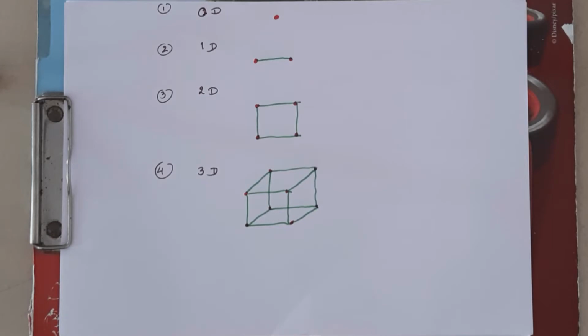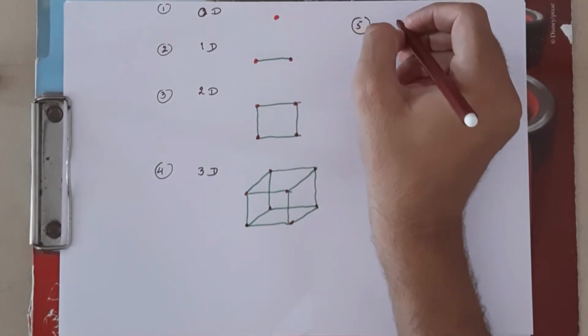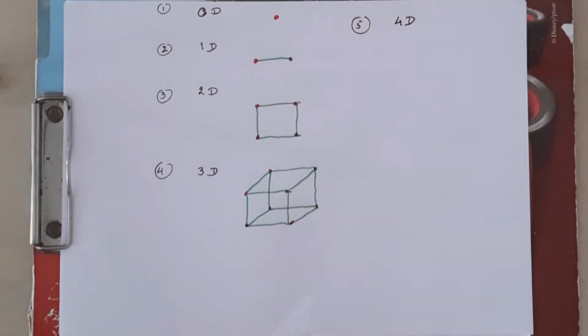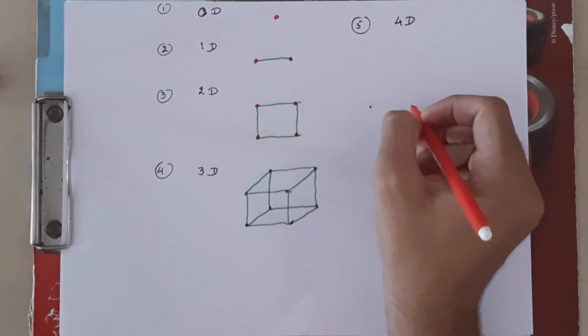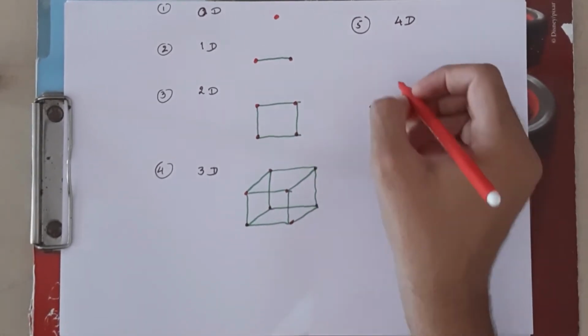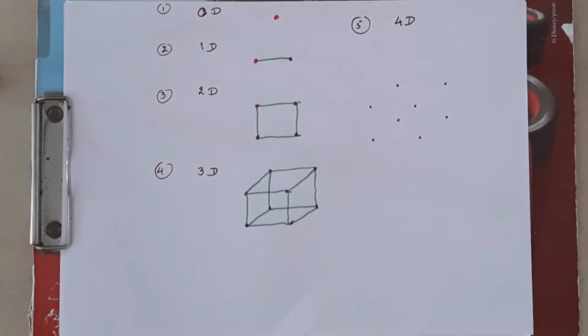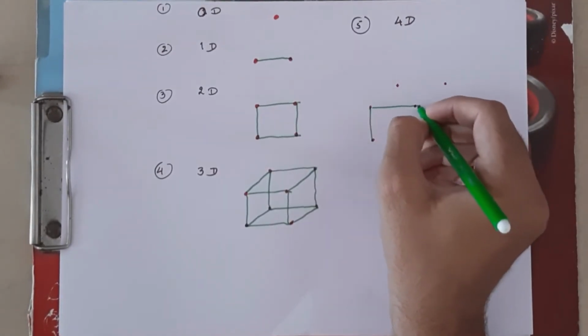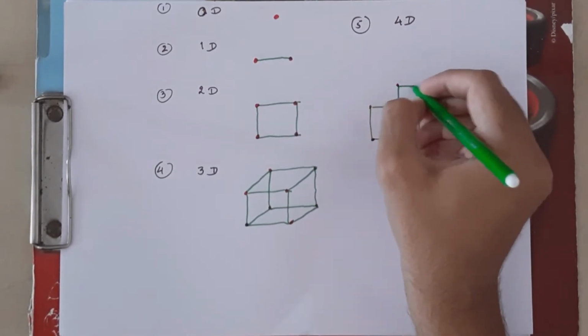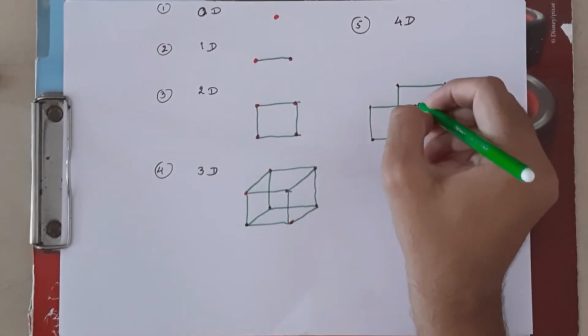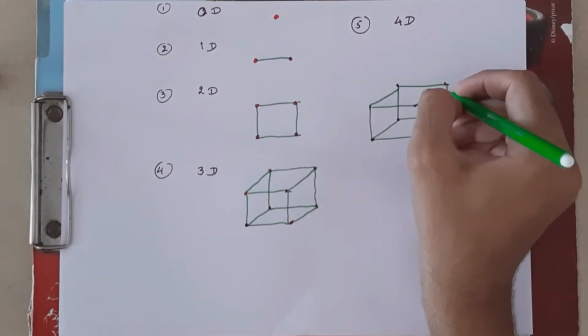And what do you mean by 4 dimension? 4D, 4 dimension. What I have to do is draw a 3 dimension 2 times. These are the points of my first 3 dimension.